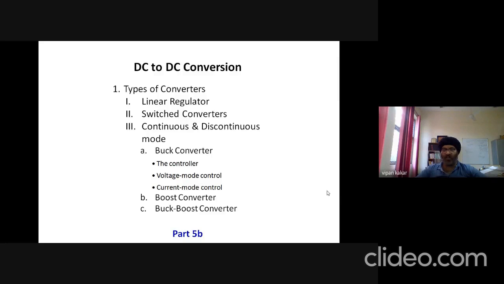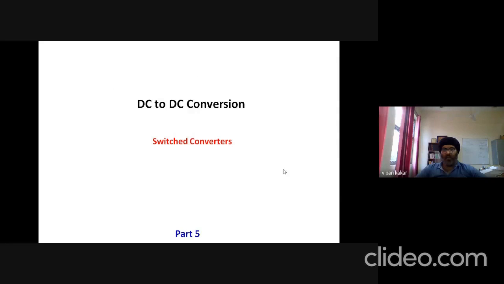And then later on, we'll discuss the combination of these two converters, a converter which can step up as well as step down using the same circuit. So the focus of this section will be switched converters.